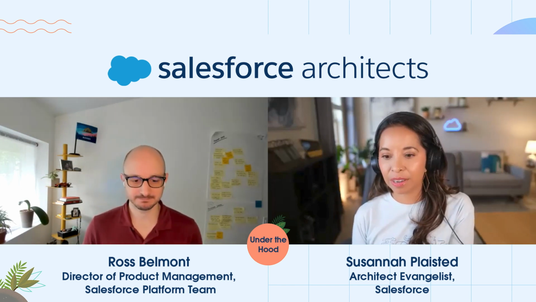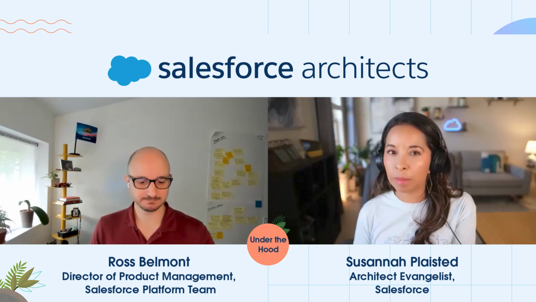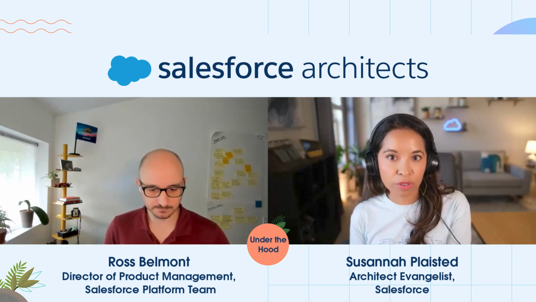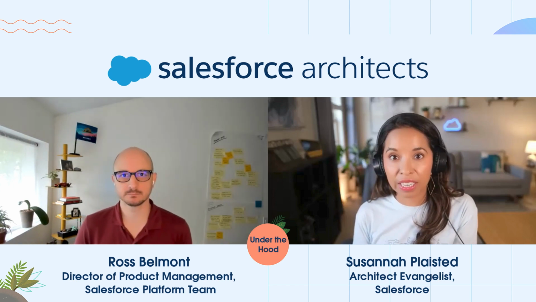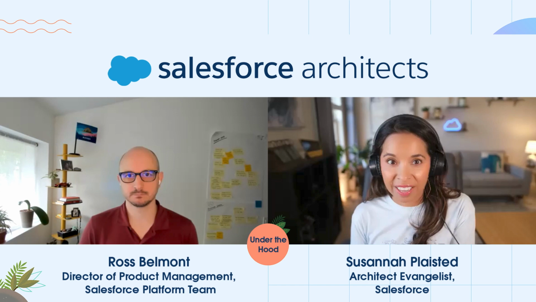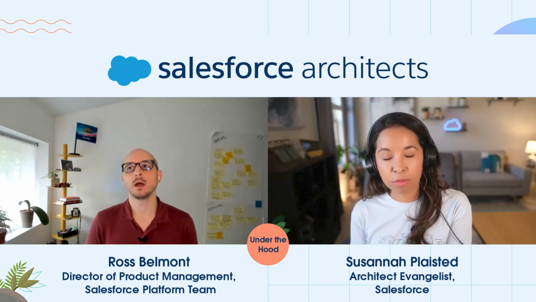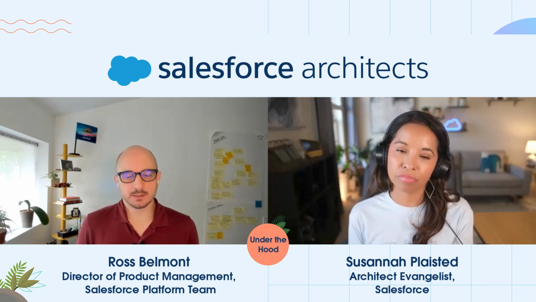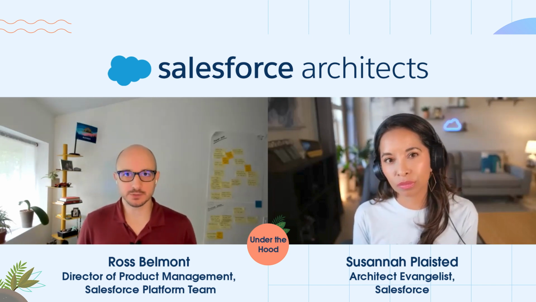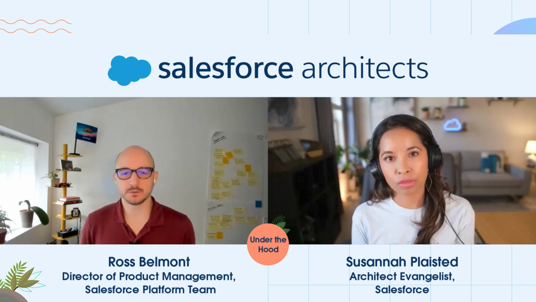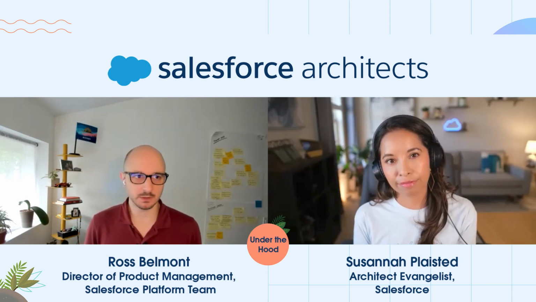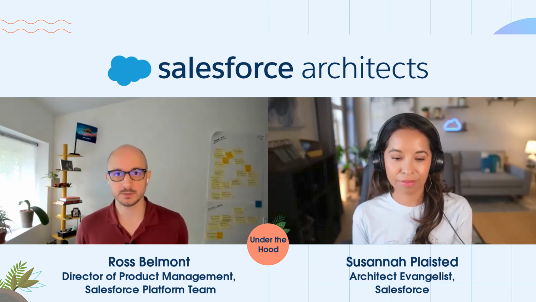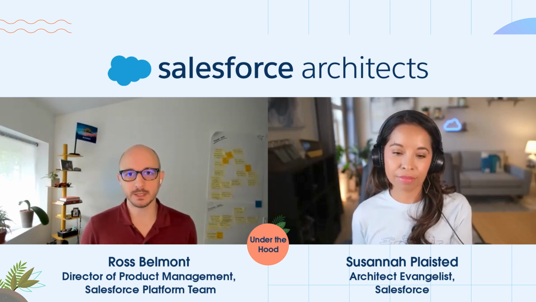Some folks might be wondering, we touched on this a little bit, but can you articulate again the advantages of using this new named credential capability instead of just leveraging the metadata API to manage our legacy named credentials? Yes, indeed. This might be a little bit counterintuitive, because I'm sure most folks out there are used to using our DX tools or other third-party tools to move your metadata between orgs.